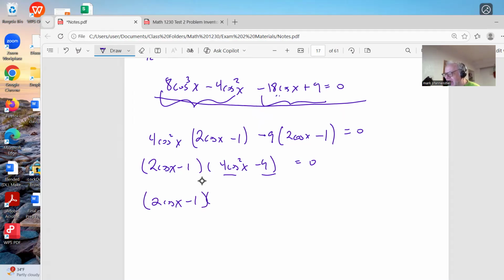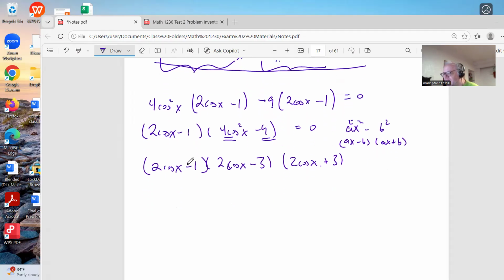And then here we have a 2 cosine x minus 3, and a 2 cosine x plus 3. Recognizing this piece here is a difference of squares, we have a squared x squared minus b squared. We could separate this into ax minus b, ax plus b, and that's kind of what I did here.